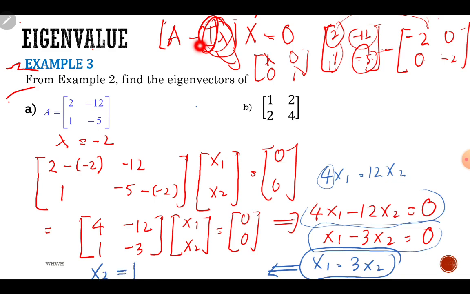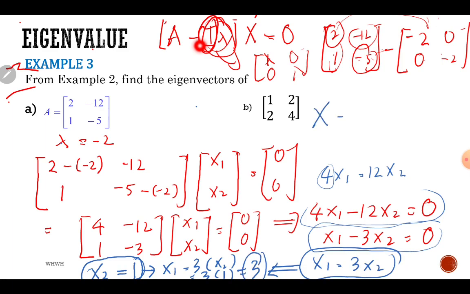Saya let x2 sama dengan 1. Then what will be my x1? x1 sama dengan 3 darab x2. So x2 kita adalah 1. Then meaning that our x1 is equals to 3. So maknanya one of the answer that I can get is when x2 is equals to 1, x1 is equals to 3.